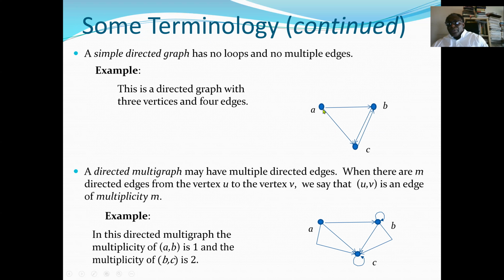When I'm at vertex A, or node A, I can go to C because I can see the direction to C, or I can also go to B. But when I'm in node B, I cannot go to A. If I'm in node B, I can go to C. And if I'm at node C, I can go to B, following the direction. So this is an example of a directed graph with 3 vertices and 4 edges.